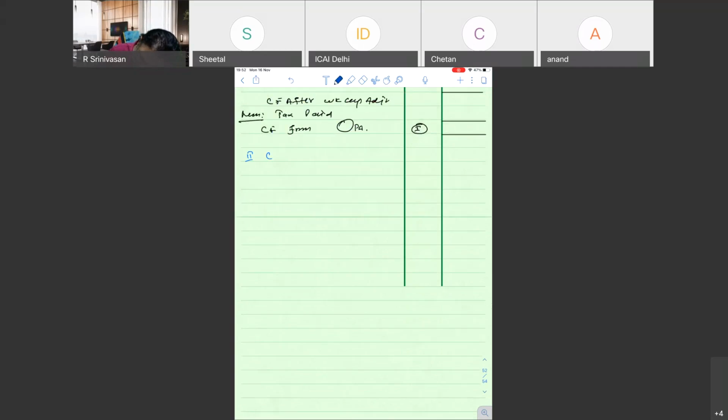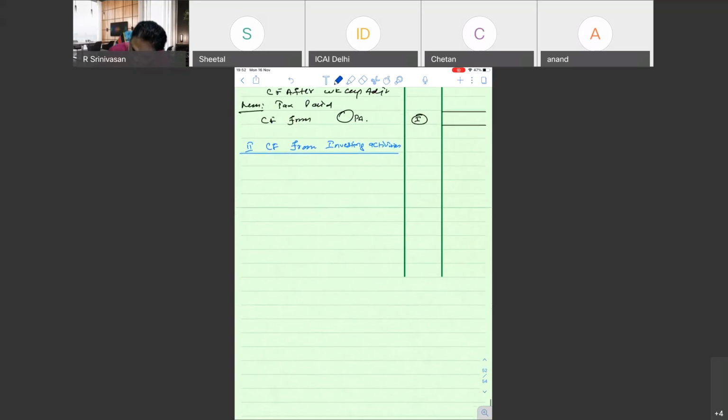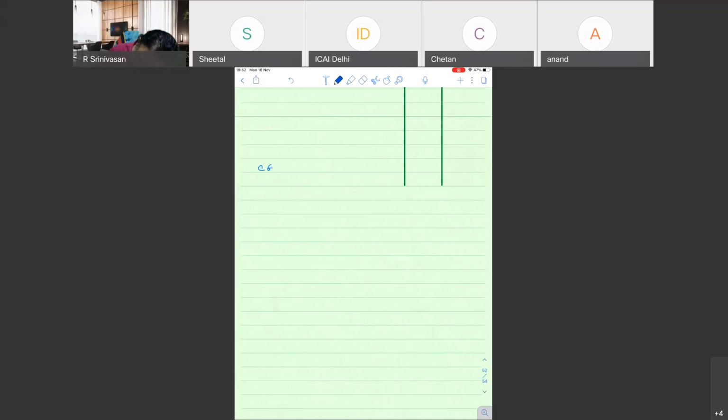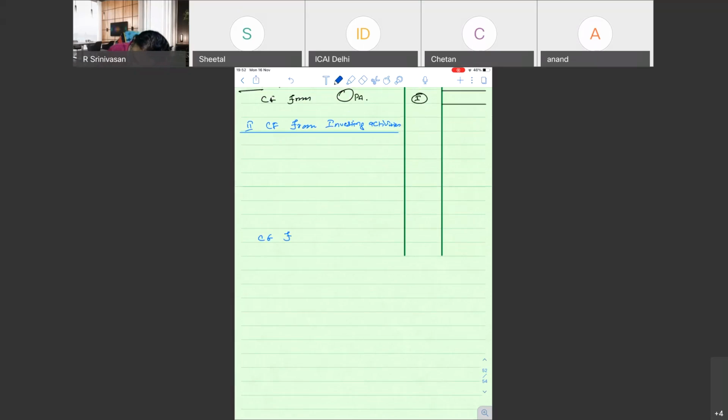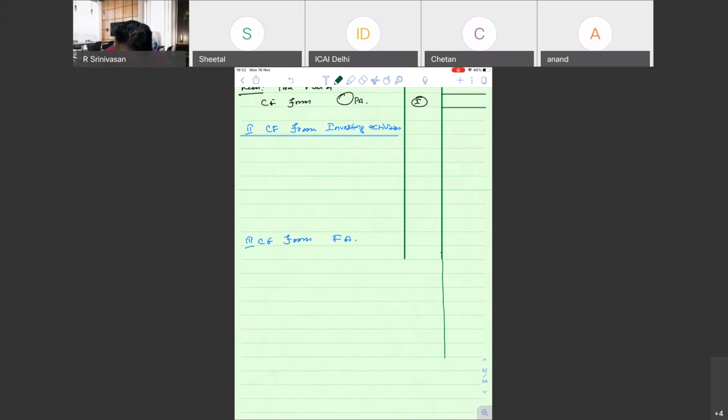Second, cash flow from investing activities. Then cash flow from financing activities. So 5-6 lines.